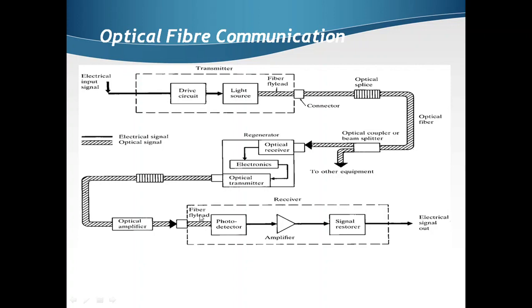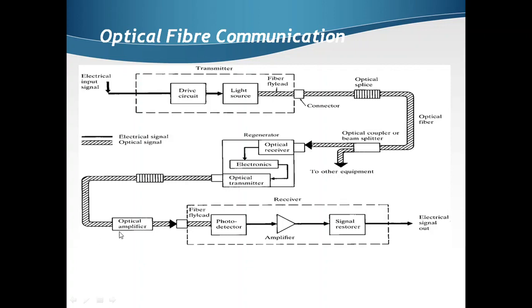Now, similar to before, again the splice is used to connect two different optical fiber cables, and then at the end, before the receiver, we use the optical amplifier. Now, what does the optical amplifier do? The optical amplifier is used to amplify the signal in the form of light itself. Here we have seen that the regenerator first converts it into an electrical signal, then amplifies it and removes its noise, and then again converts it into the optical signal.